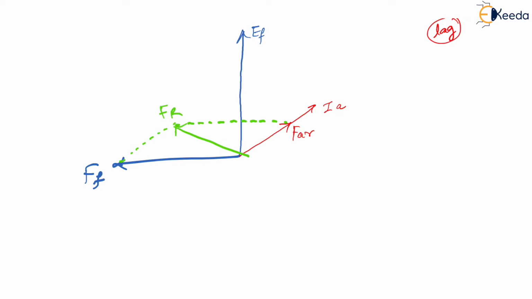Now, 90 degrees to this FR, we get ER, the resultant EMF, or the internally induced voltage. This is what we have seen till now.